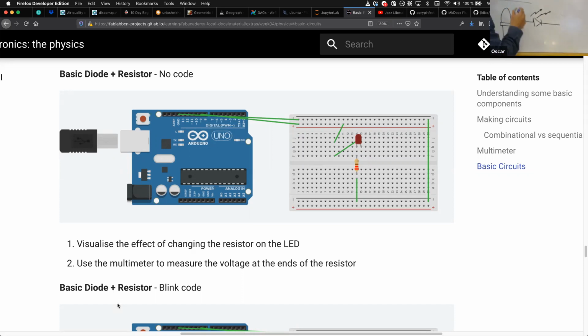This is the anode, or positive side. This is the cathode, or negative side. Anode, cathode. The LEDs have one leg that is longer than the other. Positive, negative. You will see that if you put it in wrong, current will go that way, but it doesn't go this way.